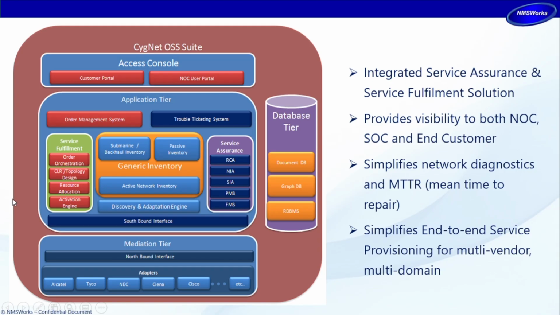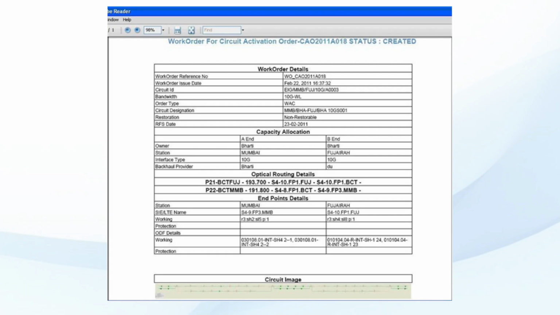And finally, the allocated resource and the path can be provisioned in the network either automatically using the activation engine that will integrate with the mediation tier for provisioning them in the network, or this can be generated as a work order, which can be taken offline and manually created in the NMS.